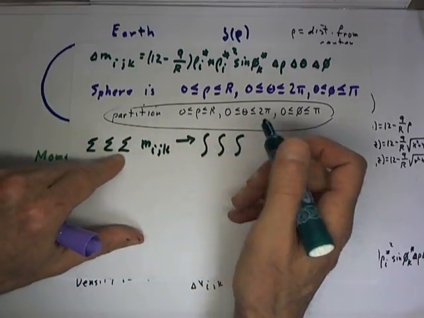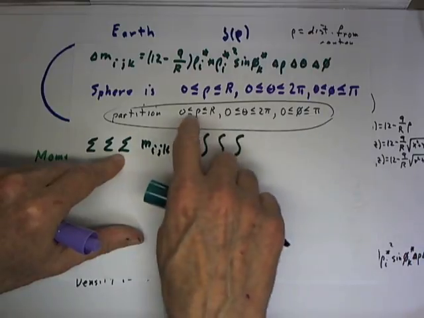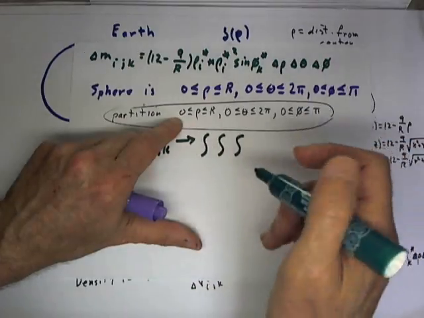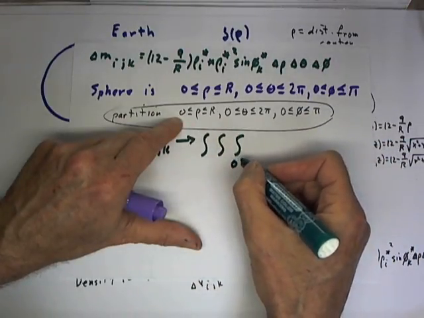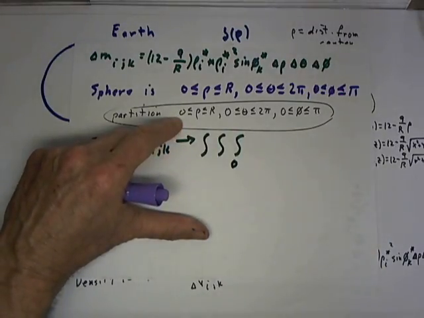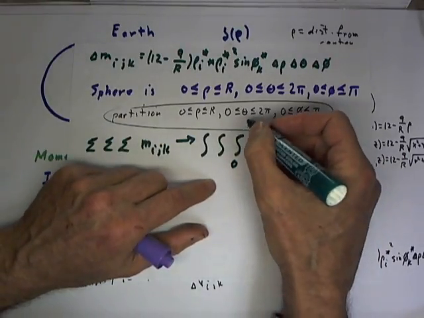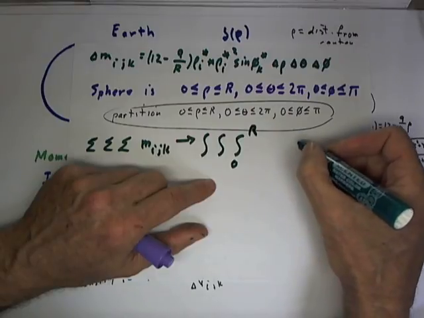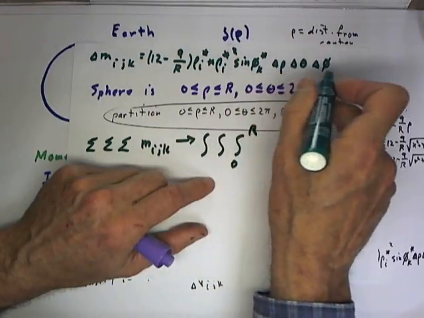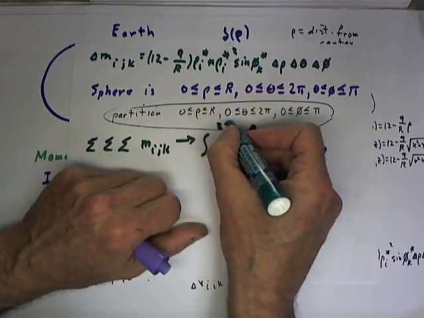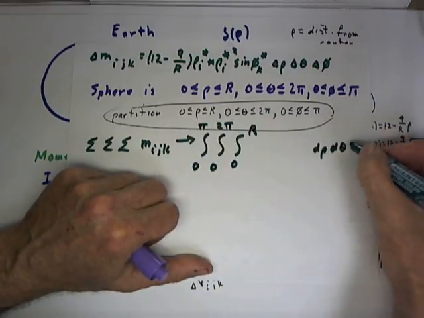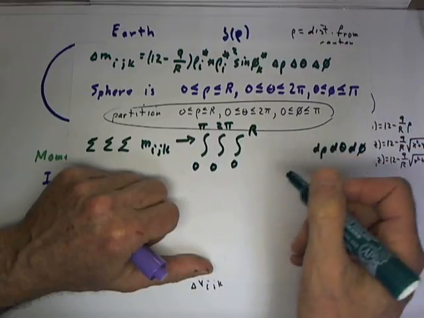The 3 sums correspond to the 3 partitions, and it should be clear that one of our partitions will go from 0 to r with respect to rho, so we can integrate from 0 to r with respect to rho, from 0 to 2 pi with respect to theta, from 0 to pi with respect to phi.